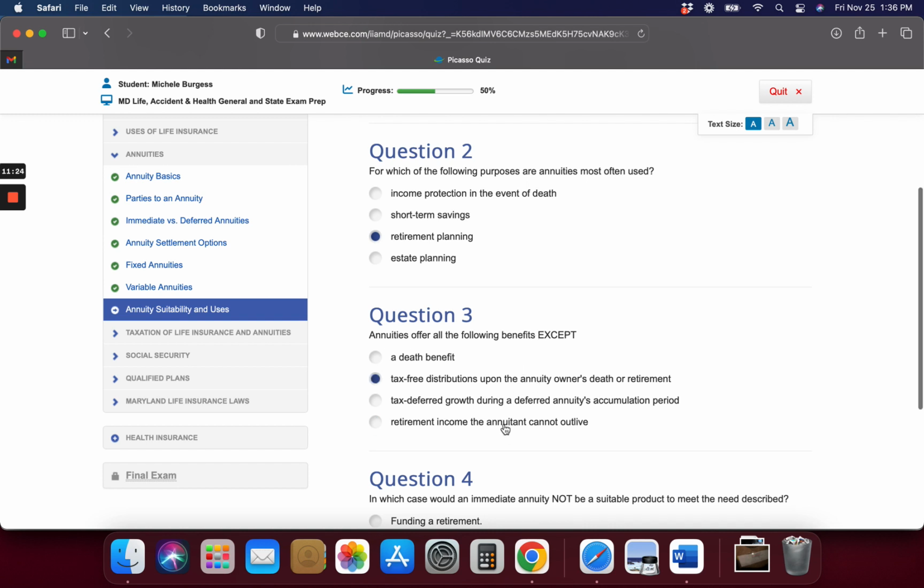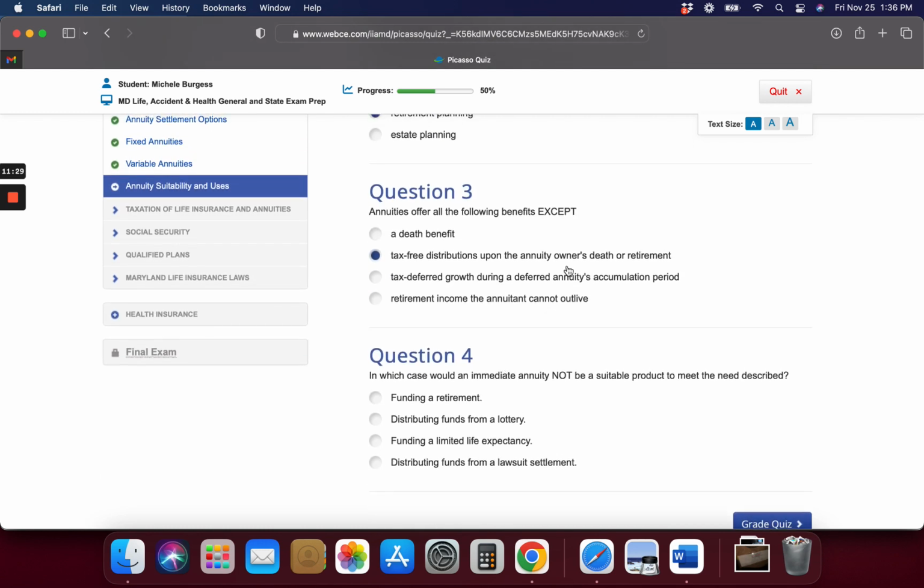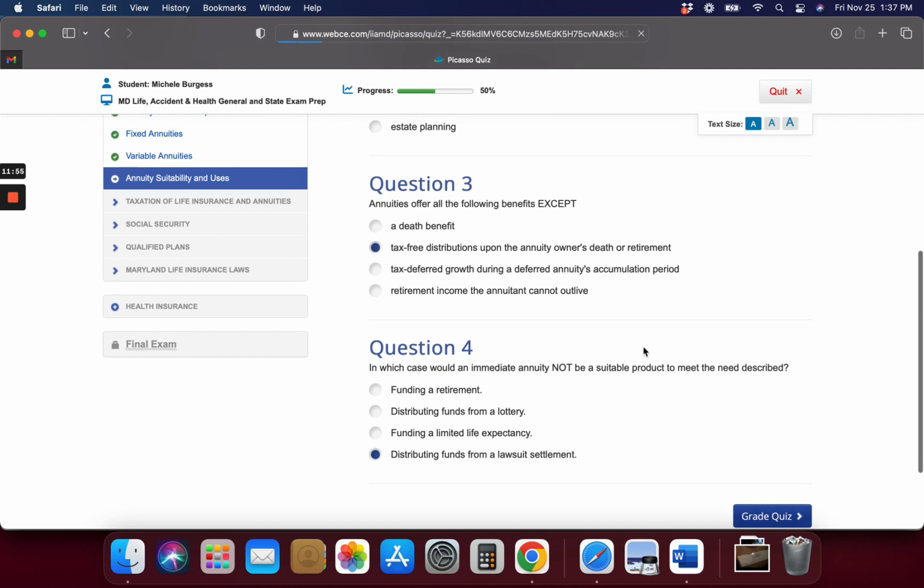I want to say it's either this one or that one. In which case would an immediate annuity not be a suitable product to meet the need described? I want to say distributing funds from a lawsuit. Now, I don't have the answers to all of these, so we're going to see what the answers are together.